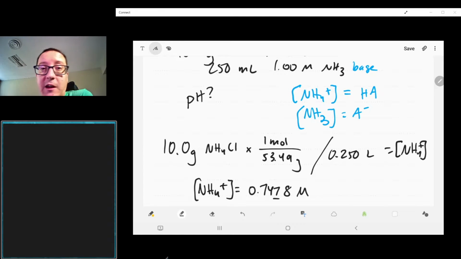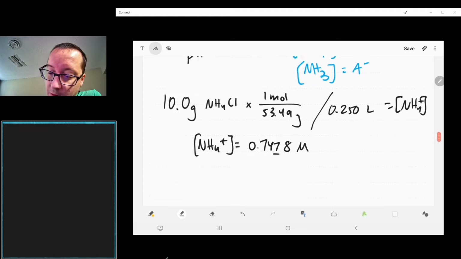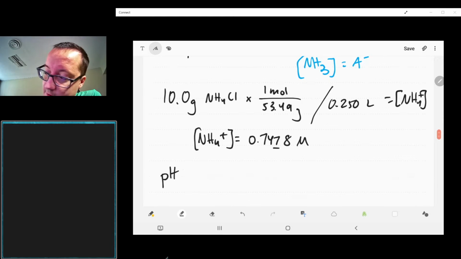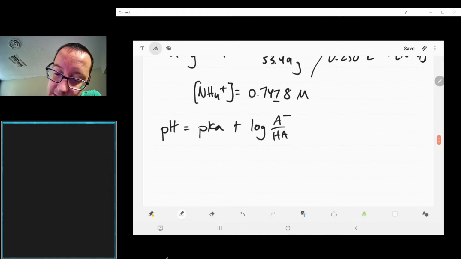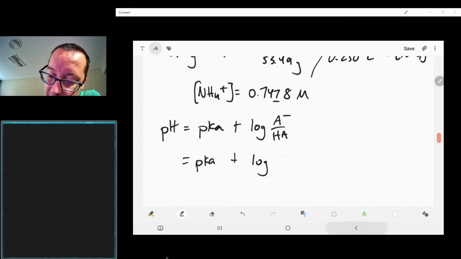And so if we're figuring out what the pH is, we can go ahead and use the Henderson-Hasselbalch equation. And for us this time, that will be pKa plus log of ammonia over ammonium.